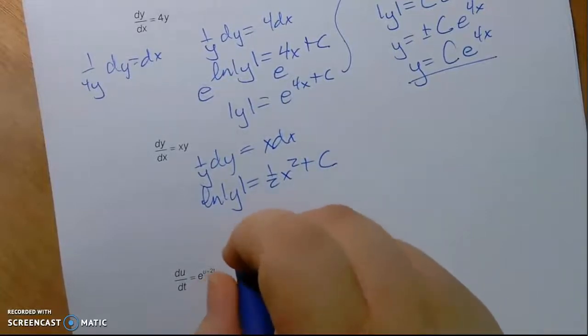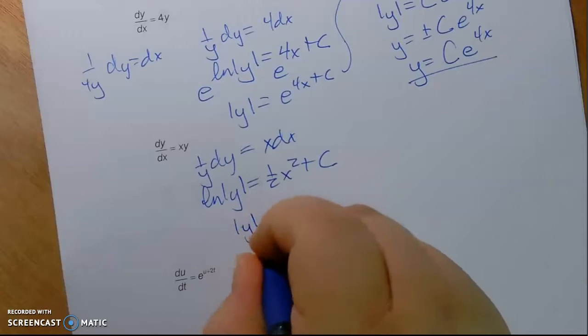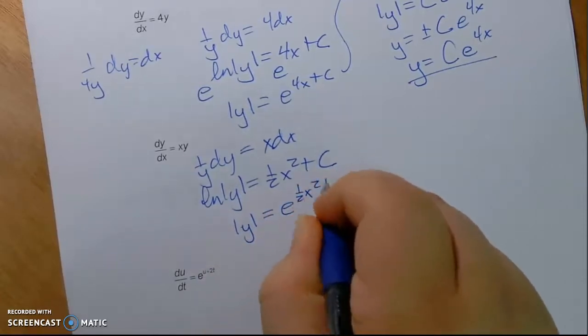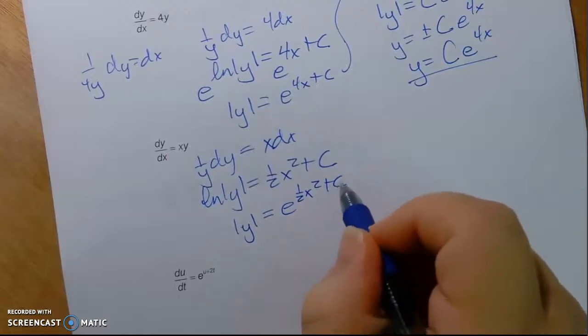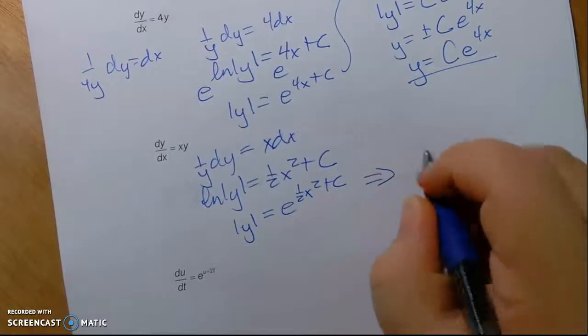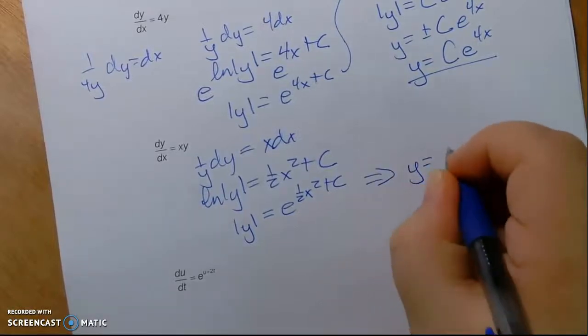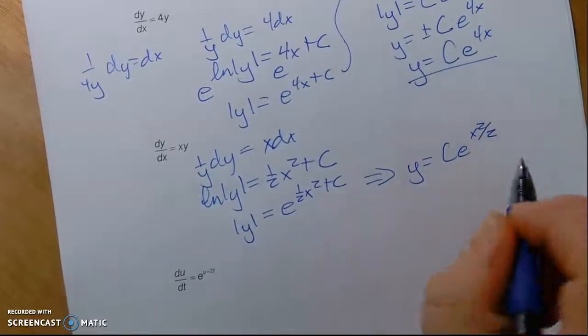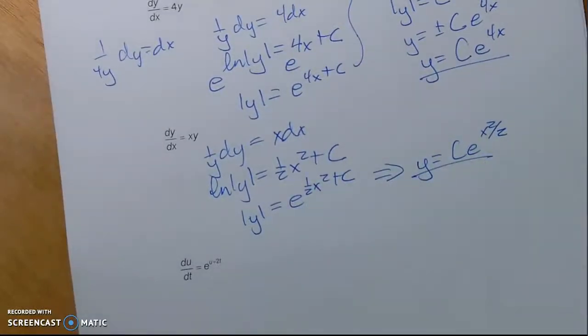We're going to get absolute value of y equals e to the 1/2 x squared plus c. Remember, this c comes down in front, and the absolute value can be absorbed by that c. So I would allow you to go straight to c e to the x squared over 2 if you'd like. And then it looks really pretty.